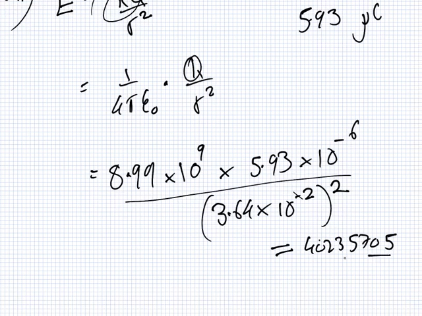So 1, 2, 3, 1, 2, 3, so that'd be 40 meganewtons per coulomb. Big number? Well, what's the answer? 400.